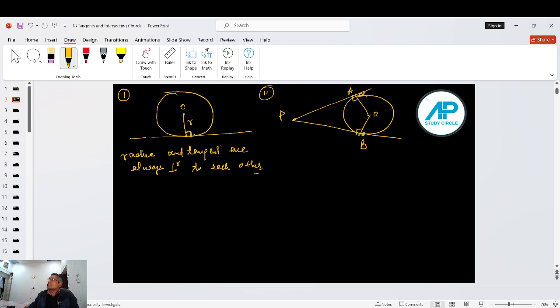So you got this PA and PB. I simply join radius OA and OB. They got to be equal, and I draw the exterior point and the center. You see here that now I can prove these triangles congruent.